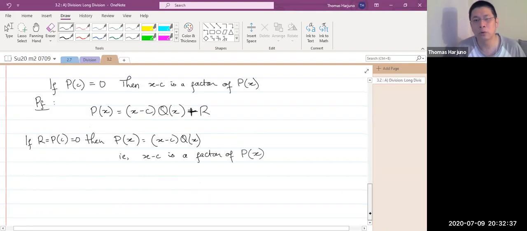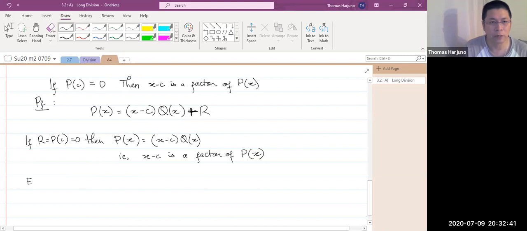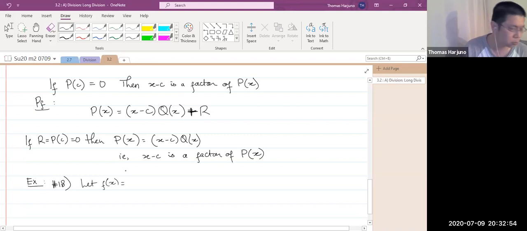Now, let me do problems to reflect this situation here. For example, I pick question number 18. Let f(x) equal x to the 4th minus 3x cubed plus 5x minus 2.